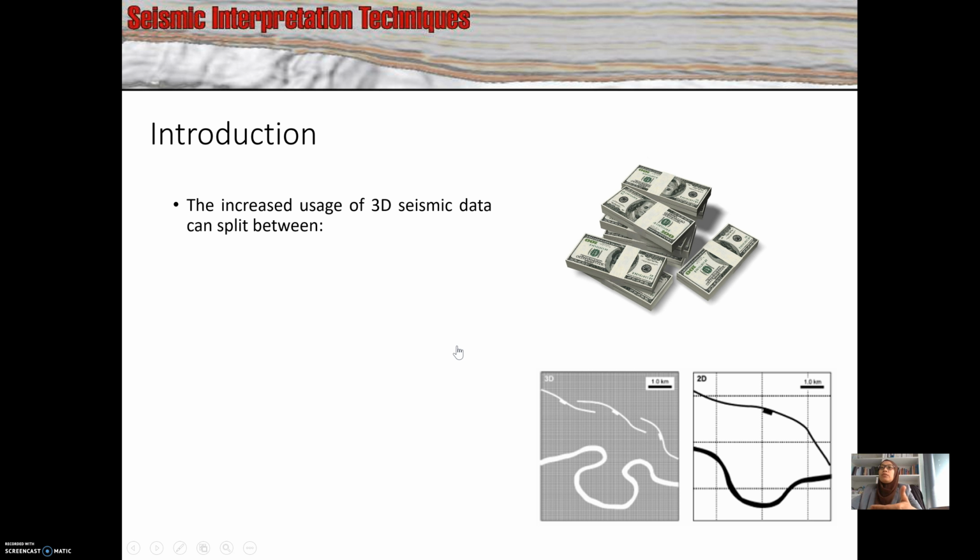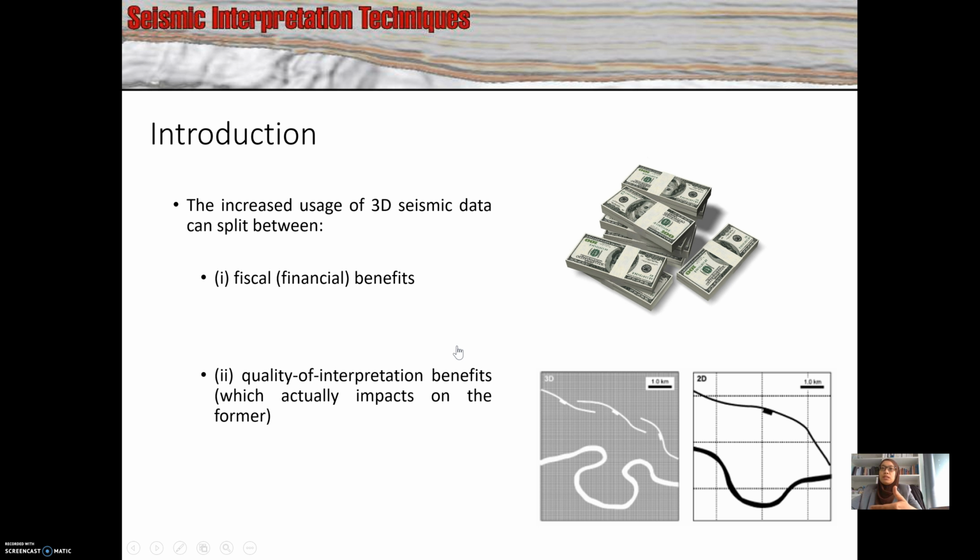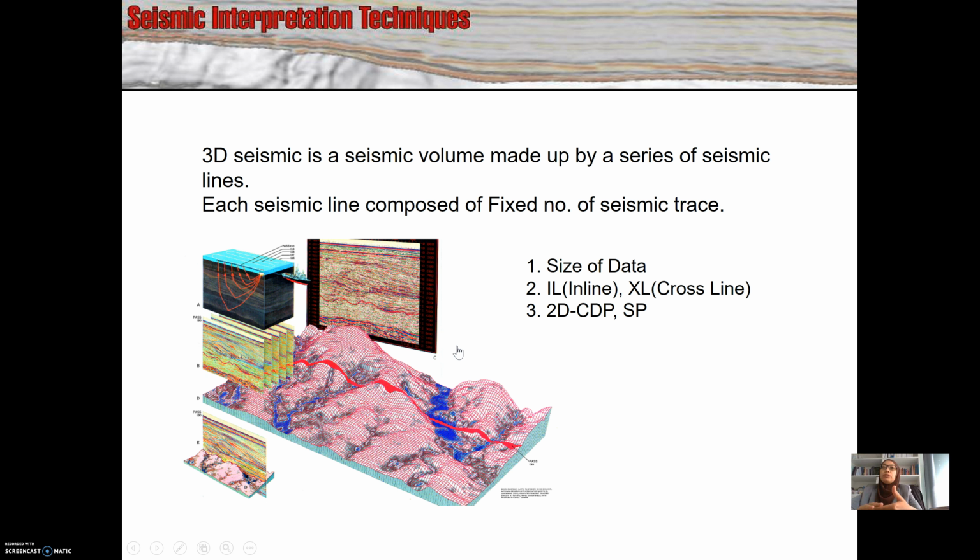The increased usage of 3D seismic can be split between the financial benefits and the improvement in the quality of the interpretation. 3D seismic data can be defined as a seismic volume made up of a series of seismic lines.